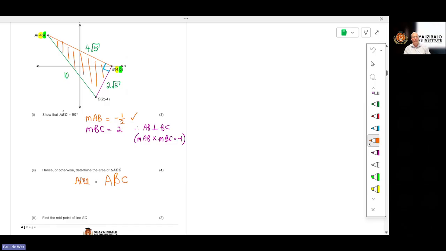Of BC. Okay, so someone's done that for us. Did you get the same answer? Yes, okay, great. So you calculated the distance BC, and then how did you get the area after that? Okay, half the base times the height.